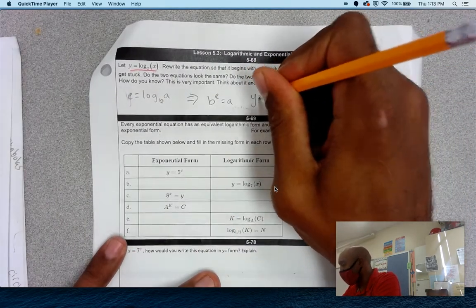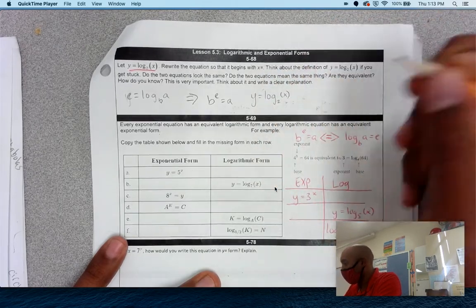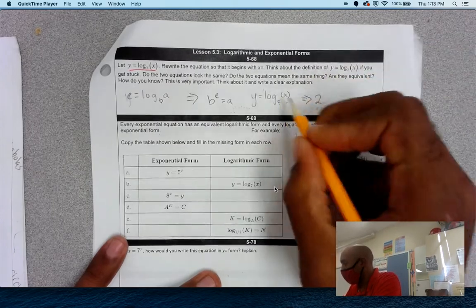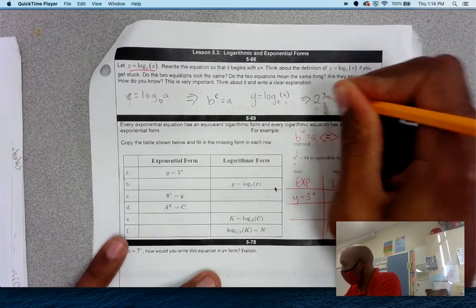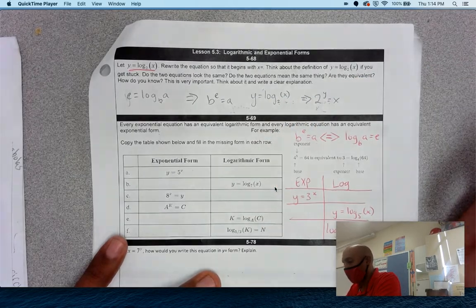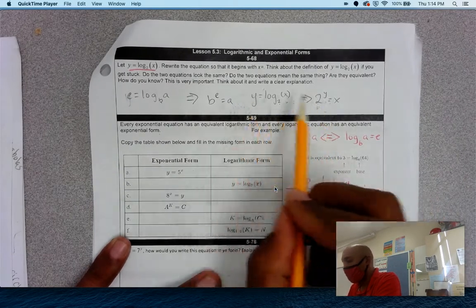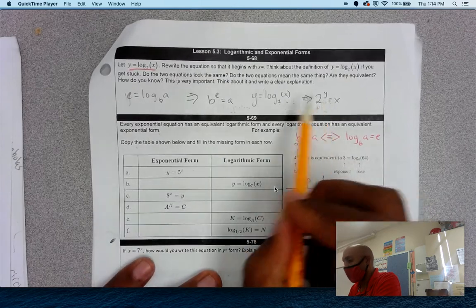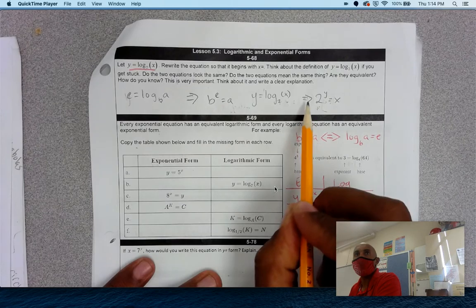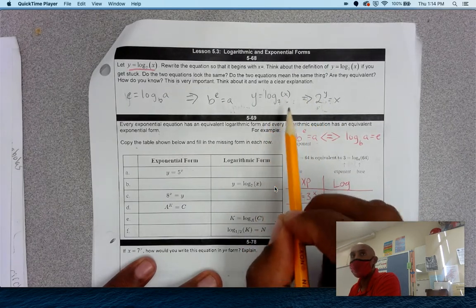We're starting with y equals log base 2 of x. So my base is 2, my exponent is y, and it's set equal to x. Now this obviously looks different than this equation, but you have to remember that they are the same.